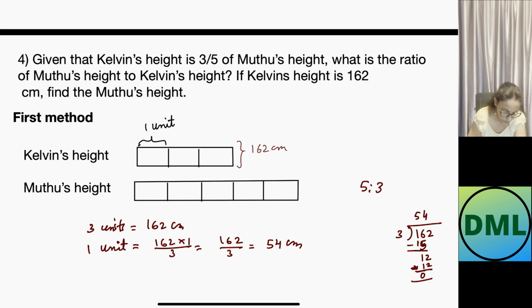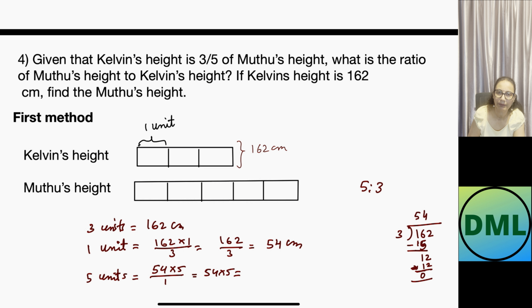It asks you to find Muthu's height. Muthu has 1, 2, 3, 4, 5 boxes. If 1 unit is 54 centimeter, I need to find the answer for 5 units. We will do the same method: 54 times 5 divided by 1, which is equal to 54 times 5.